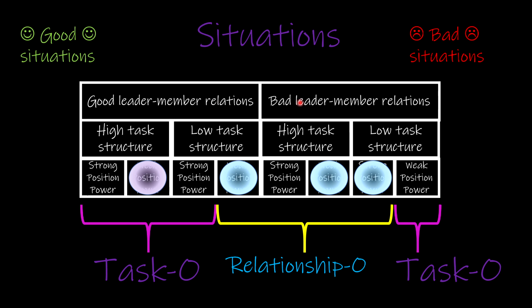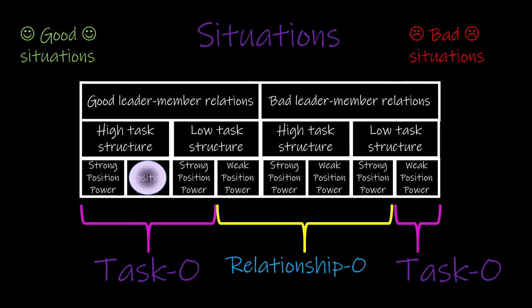Or if we can change from bad leader-member relations to good leader-member relations, now we're really trending towards the good situation, and it's still an area that is favorable for relationship-oriented leaders. So obviously we're going to trend towards the spot all the way to the left, because all three of those positions were appropriate for relationship-oriented leaders, but we want to put our leader in the best situation possible.